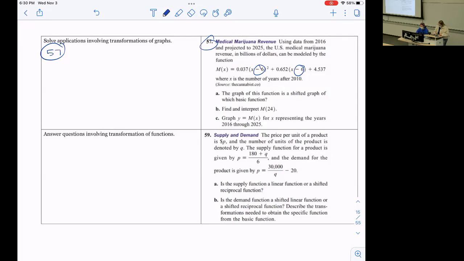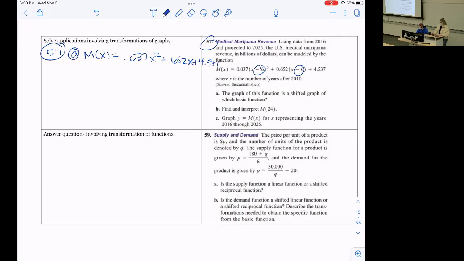So for A, and then we know that the basic function, m of x equals 0.137 x squared plus 0.652x plus 4.537.